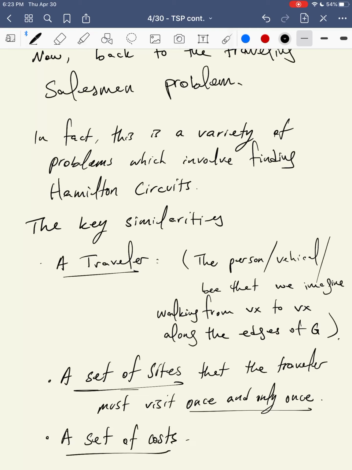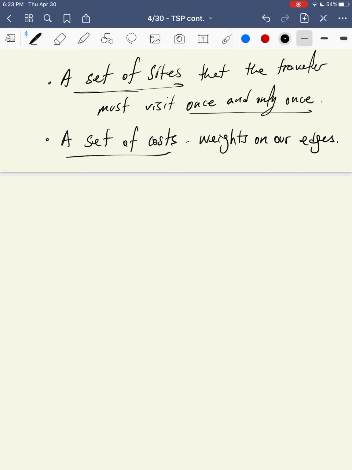And remember, these are like weights on our edges. And we know all about what weights are now, so remember that weights are a positive number or a non-negative number. You could weigh 0, I suppose.